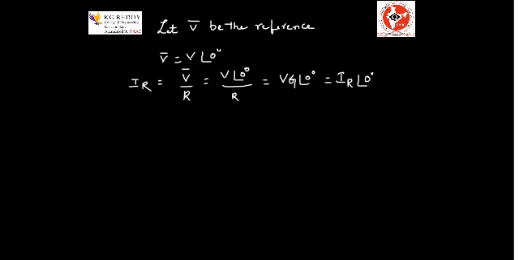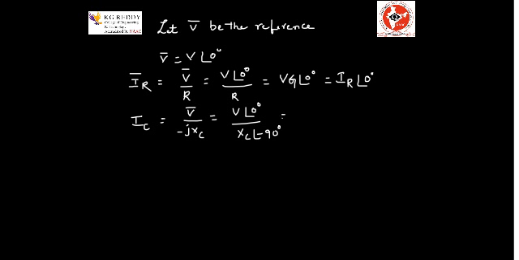At the same time, if I want to calculate the current through the capacitor, this is V bar by minus jXC, that equals V at an angle 0 degrees by XC at an angle minus 90 degrees.